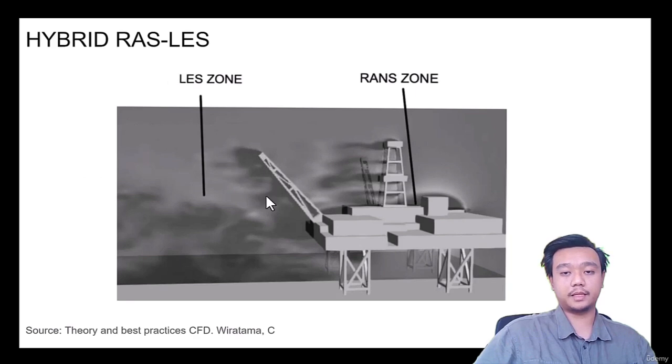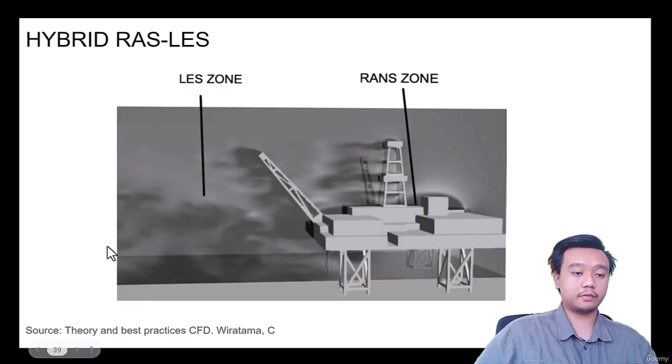So it will be a good combination between RAS and LES, but again it will not be as fast as RAS and not as detailed as LES. So there is always a trade-off in turbulent modeling.